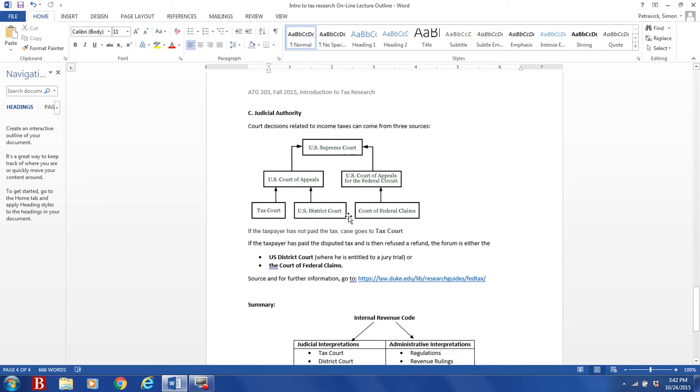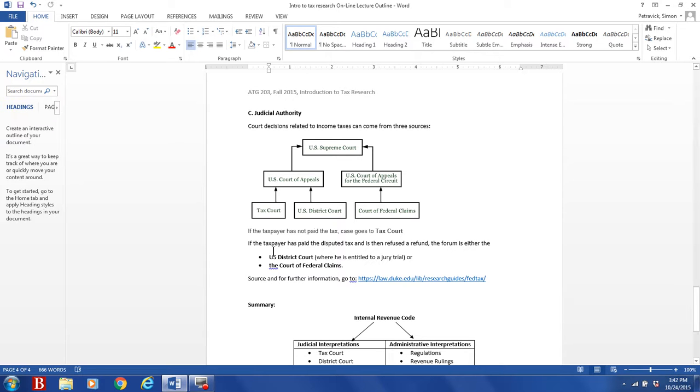The second 2 courts, the district court and the Court of Federal Claims, are available to taxpayers who have paid taxes, but then dispute the amount paid and are suing for a refund.